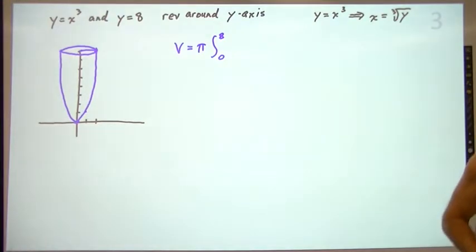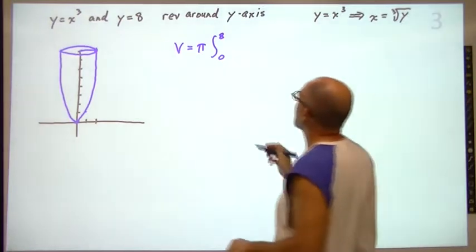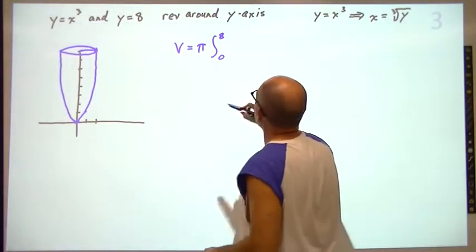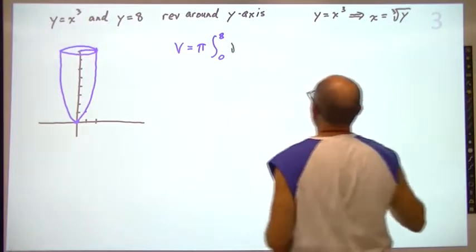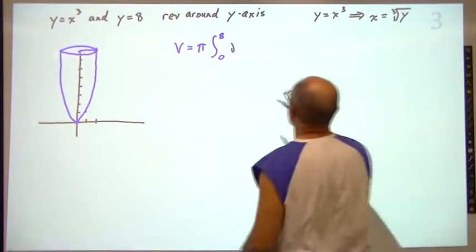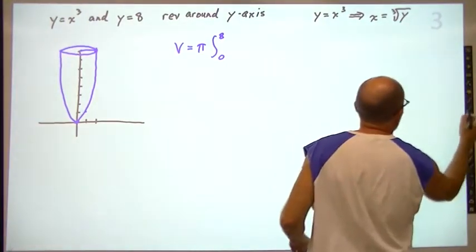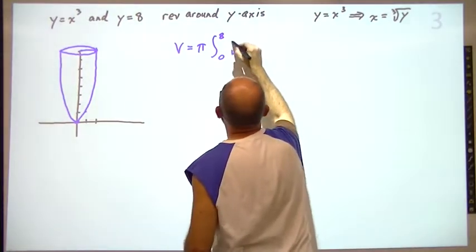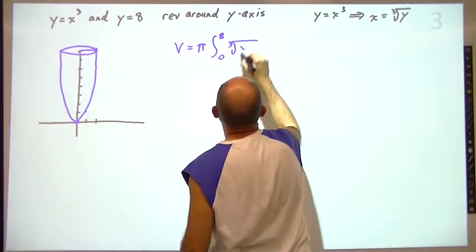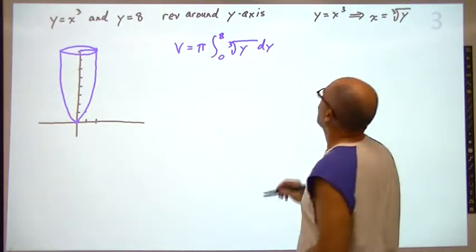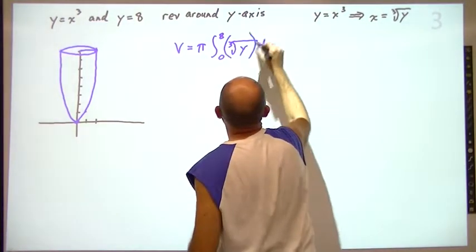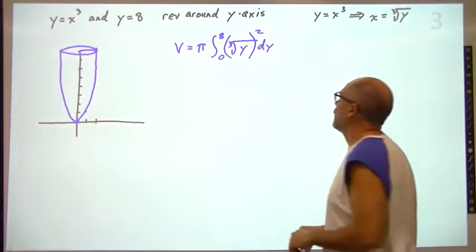So we're doing the integral from 0 to 8 of the cube root of y, squared, dy. All right, here we are.